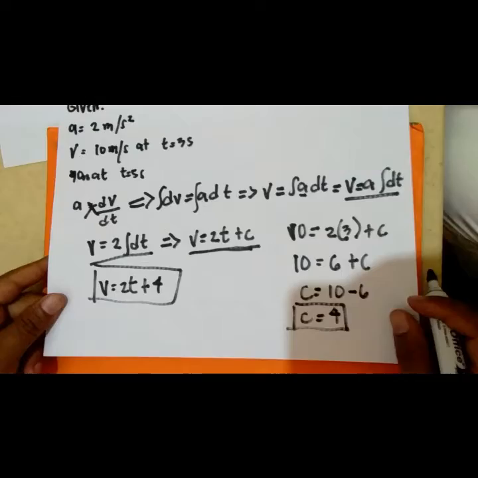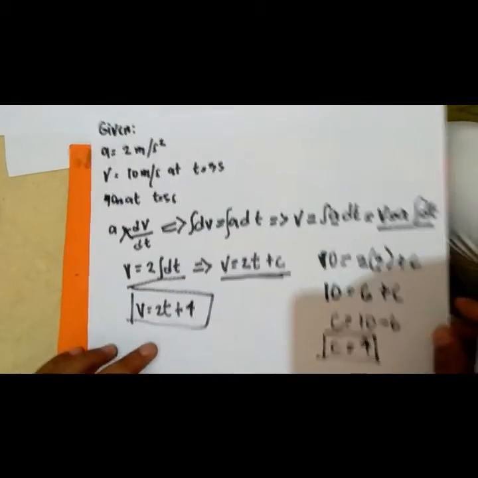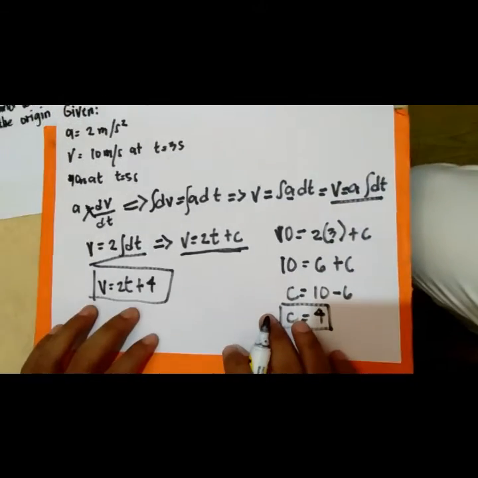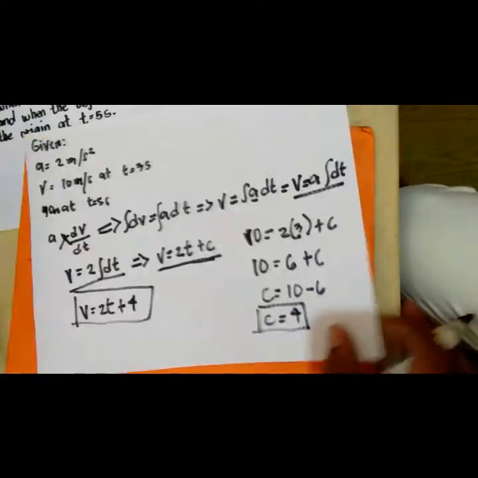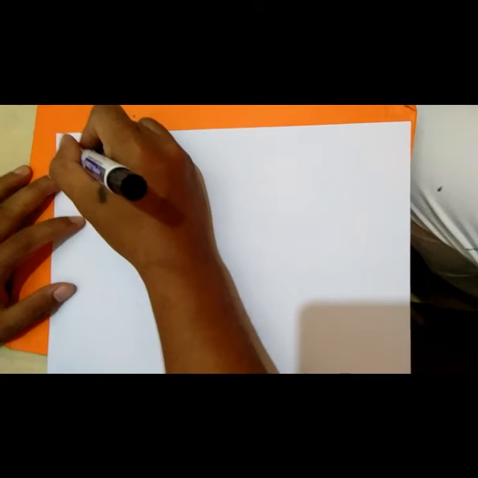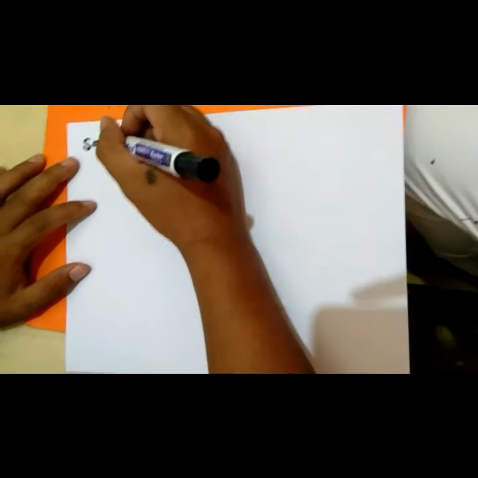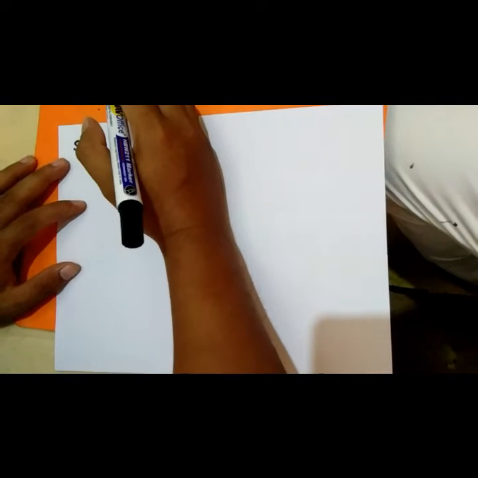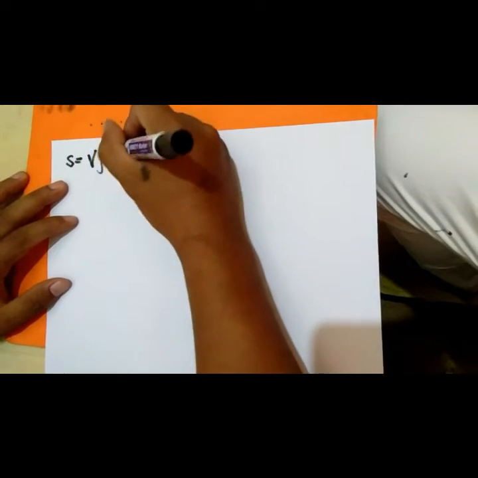Then our second problem is the equation of the motion. As we all know, to get the equation of the motion, we will find first s, the equation of the motion, which is s equals the integral of velocity dt.